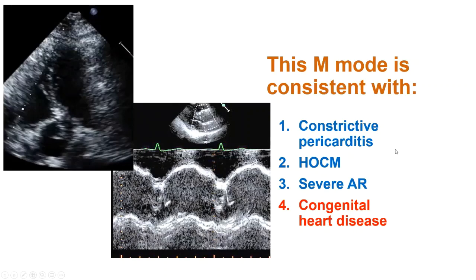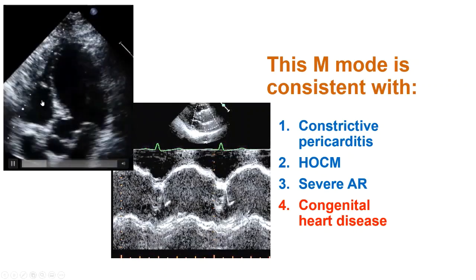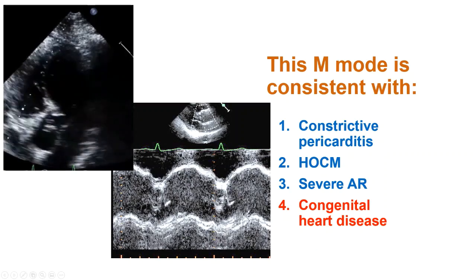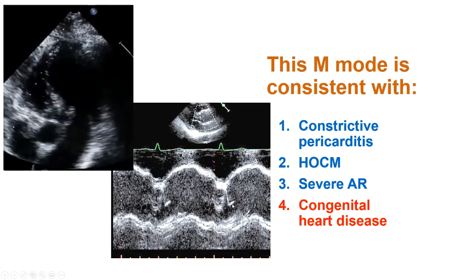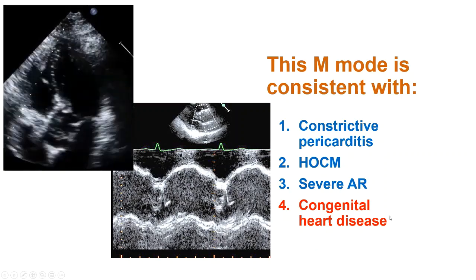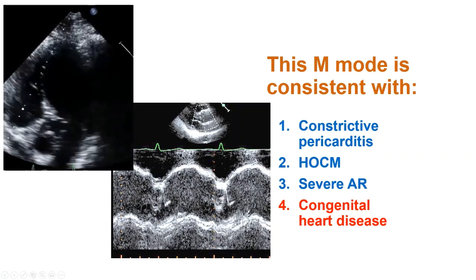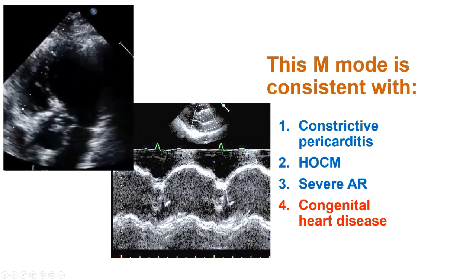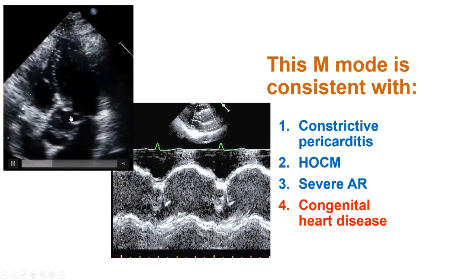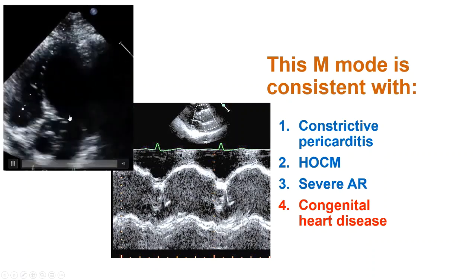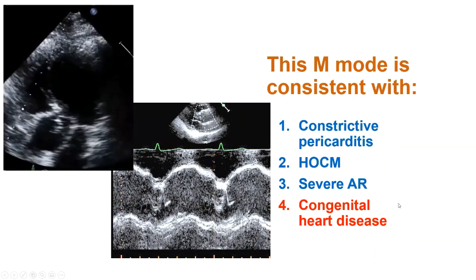How about this M mode here? Here's two-dimensional echocardiogram, and I'm asking you to look at this envelope. And the answer here is congenital heart disease. This is the aortic valve envelope that one sees with a fixed subvalvular membrane, subaortic membrane.